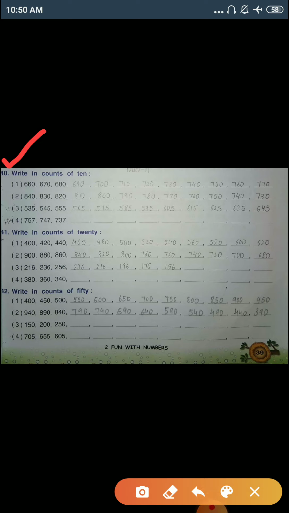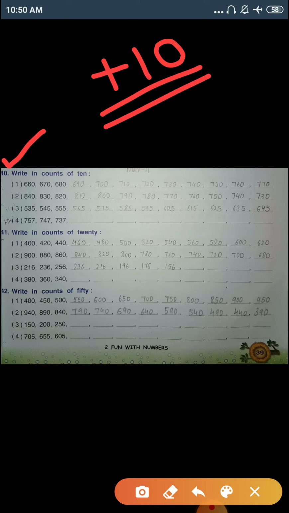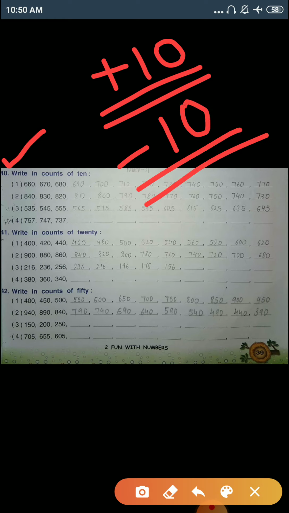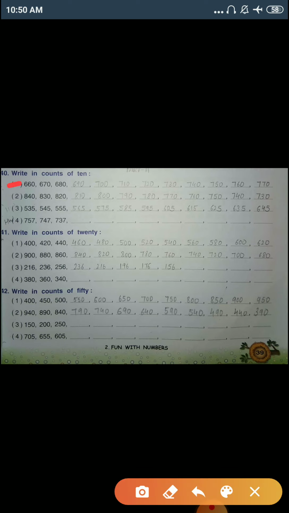That means for finding out the next number we are going to add 10 to the number or subtract 10 from a particular number. So let's see the pattern of the numbers.